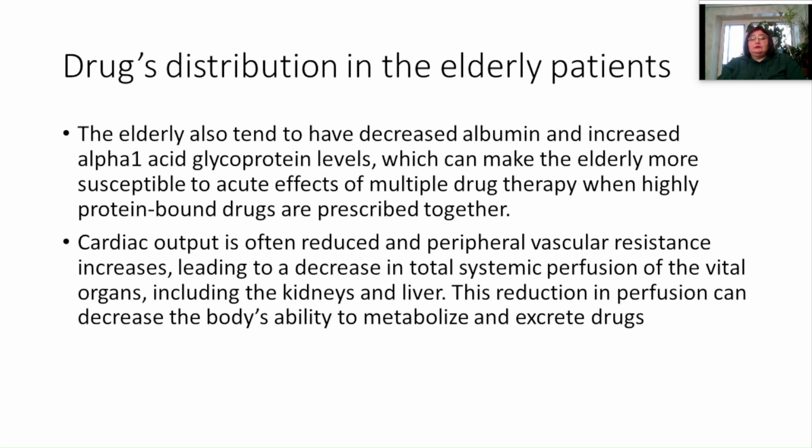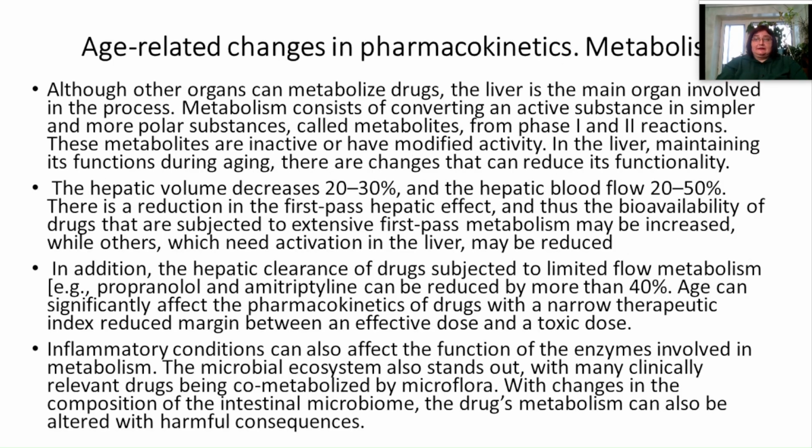Cardiac output is often reduced, and peripheral vascular resistance increases, leading to a decrease in total systemic perfusion of the vital organs, including the kidneys and liver. This reduction of perfusion can decrease the body's ability to metabolize and excrete drugs.